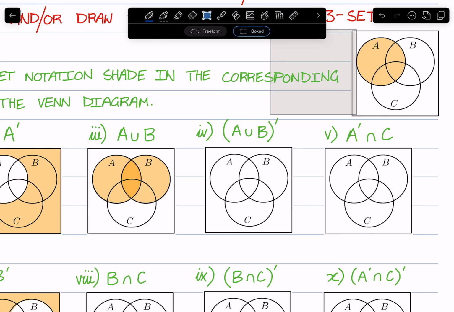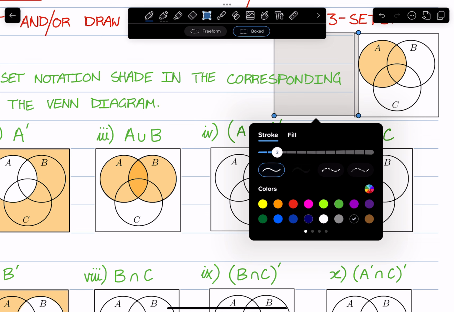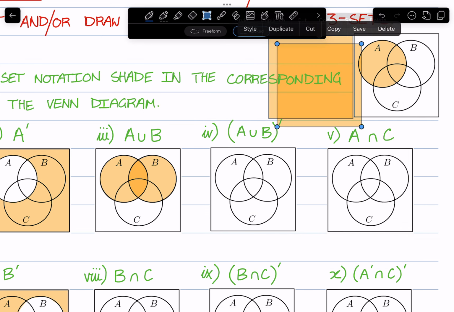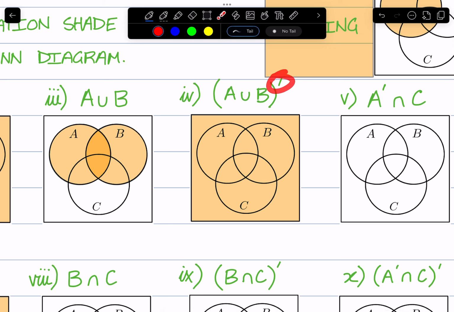It will actually be something like so. Make this orange. So it's not this group. Since we have this group, it's everything outside that group.